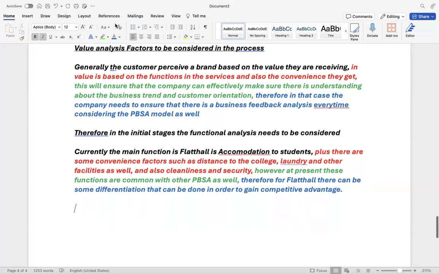Now, students, I'll just focus on this. Rooms are currently maintained by the students.